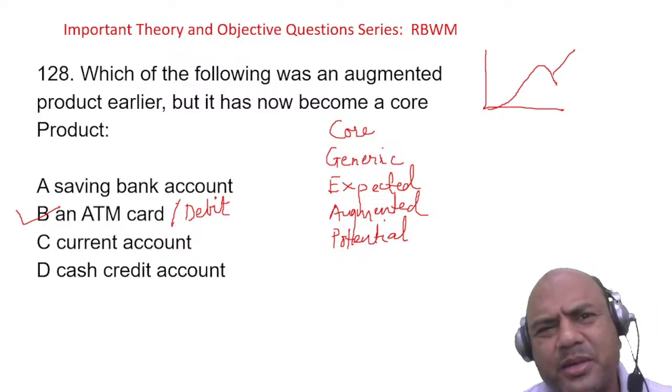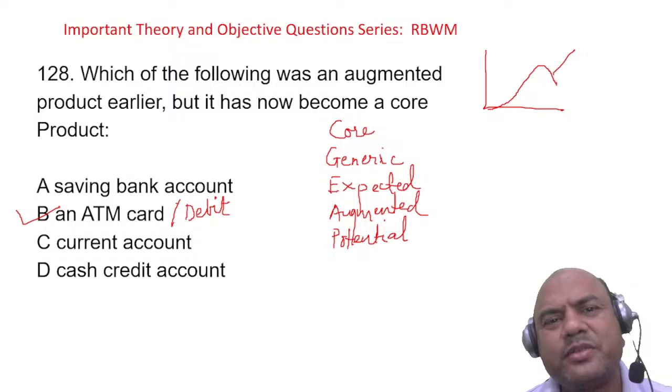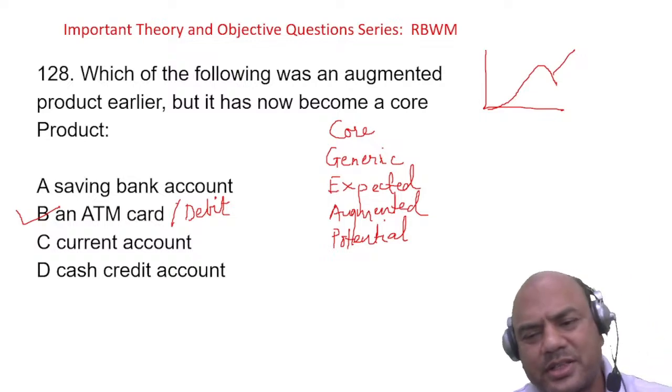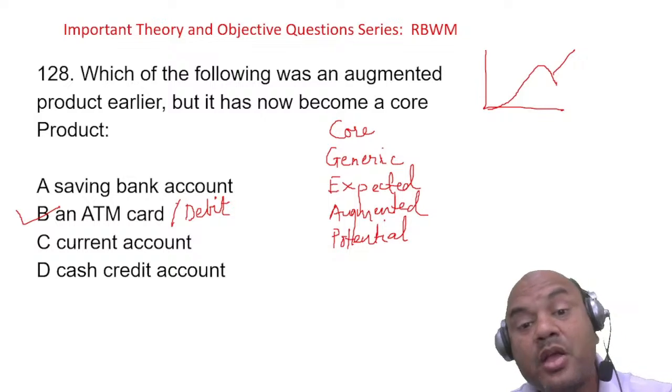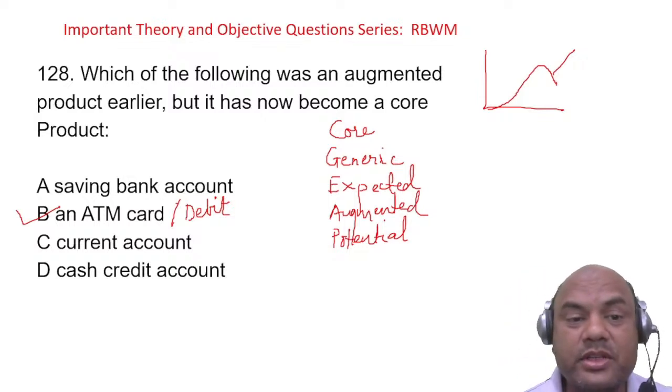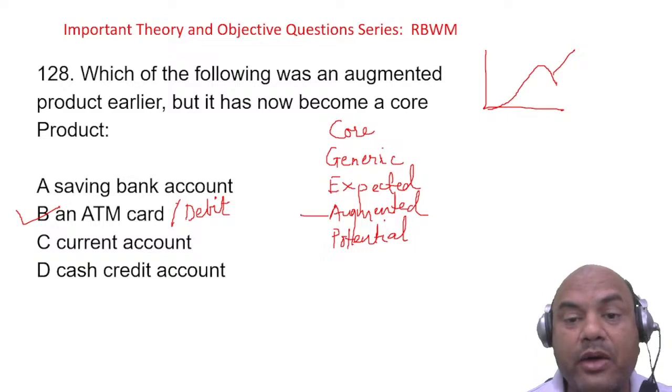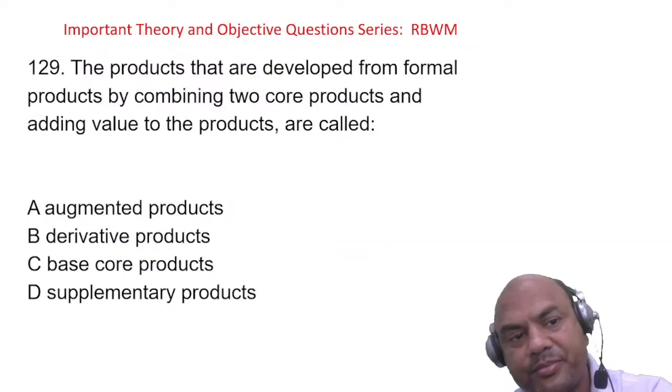People are not using debit cards now, even your ATMs are without debit cards nowadays. Cardless withdrawals are allowed. That's why it's on the decline stage. But the answer to this question was, it was an augmented product earlier. Surprise element, but now it has become a core product. So that is debit card.